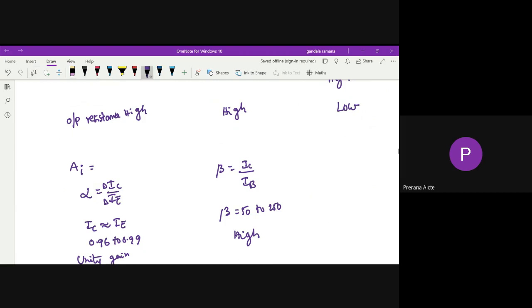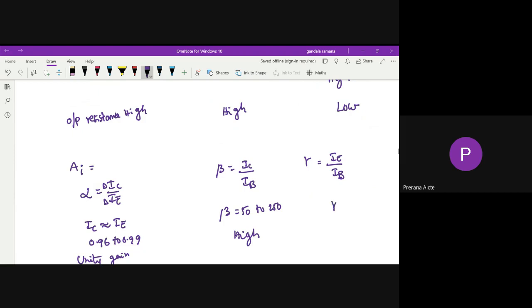So in common collector configuration, what happens? IE by IB. IC is approximately IE, so it has the highest current gain. High by low value, highest current gain.